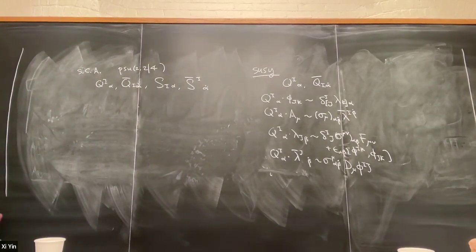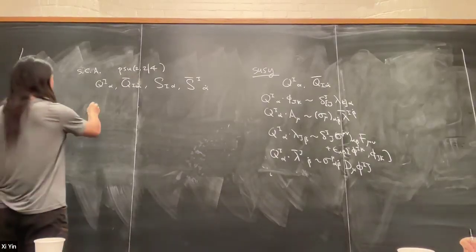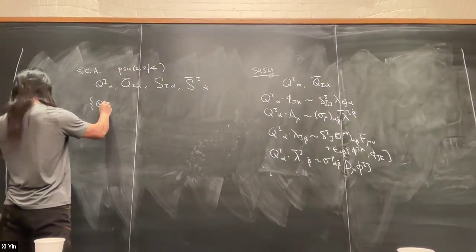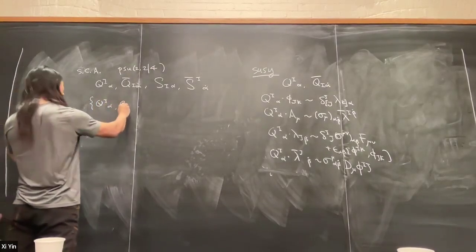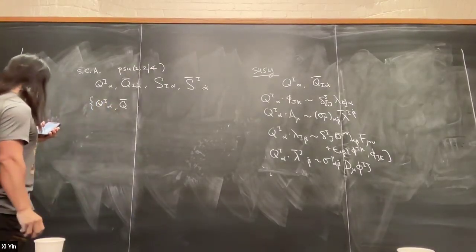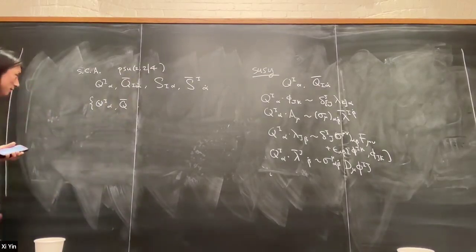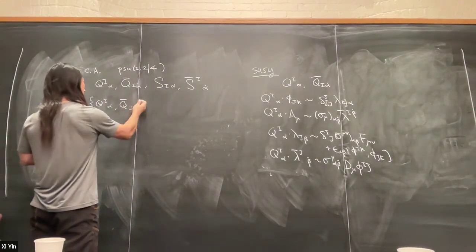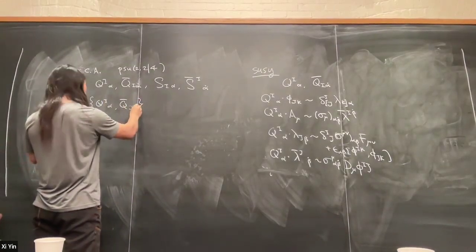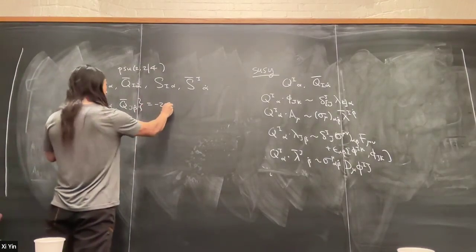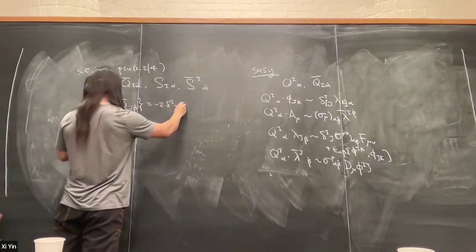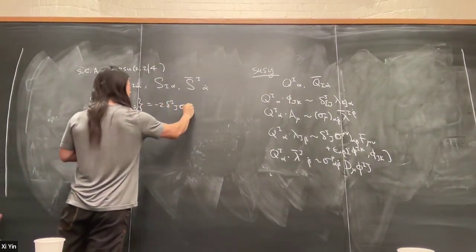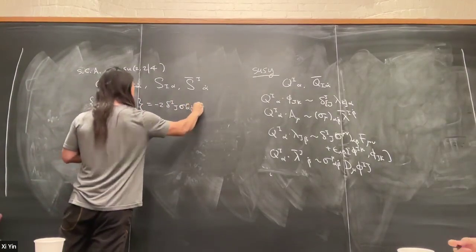Just like Q, the QQ commutator is equal to 0 in the absence of central charge. And so the Q Q bar, as usual, is minus 2 delta ij sigma mu alpha beta dot P mu.